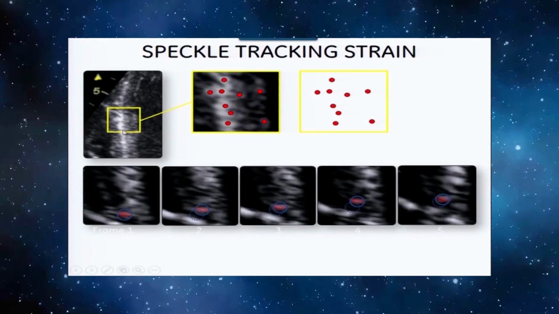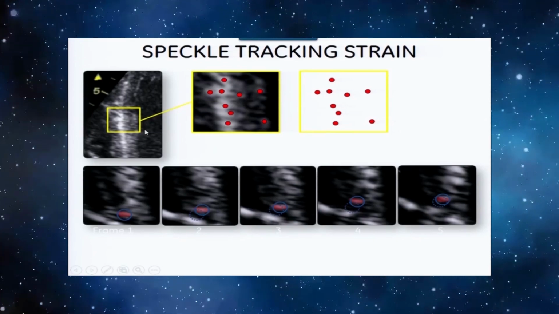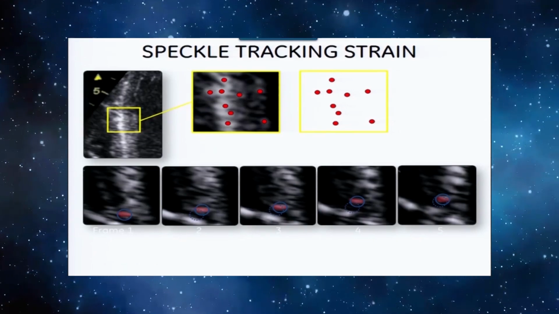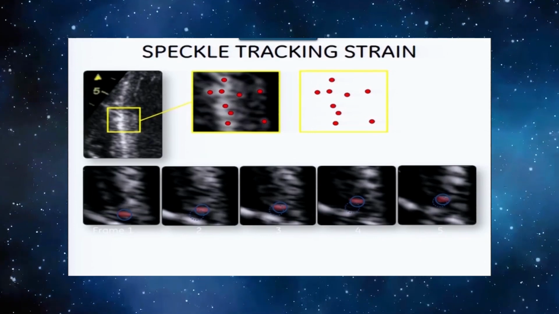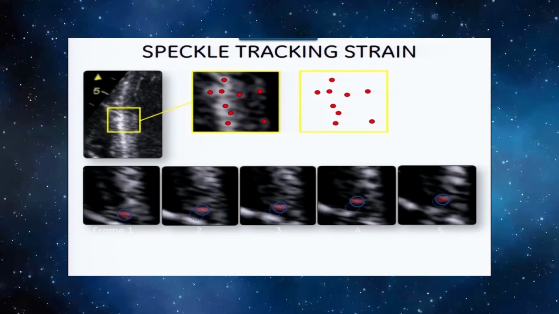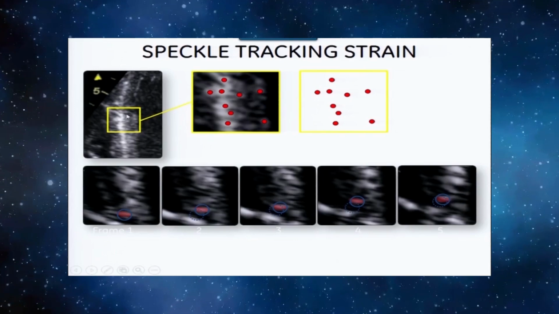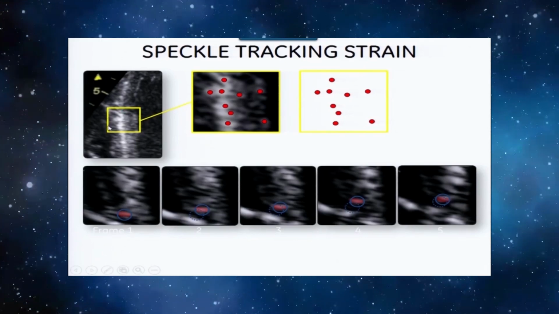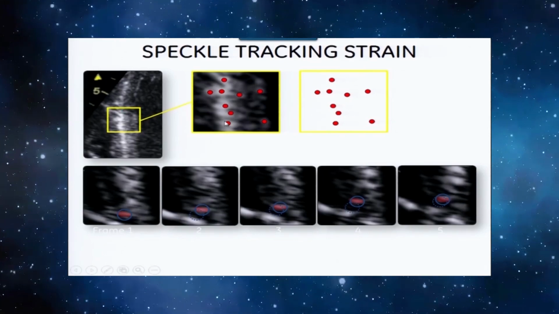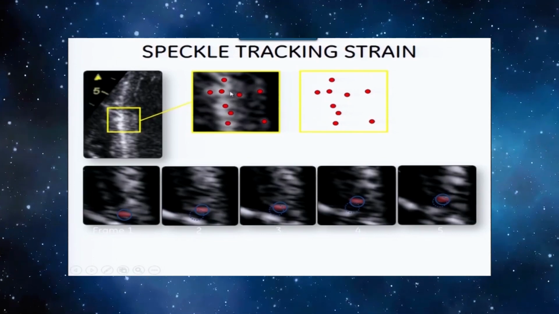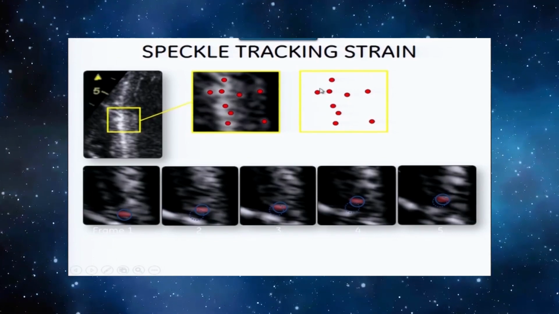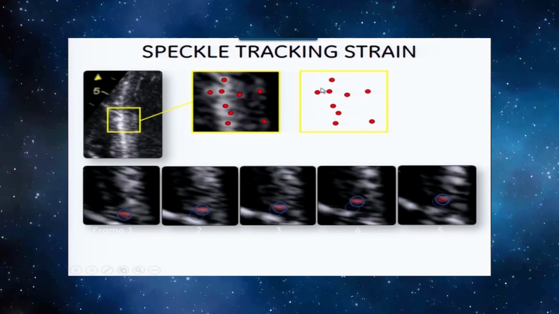As you know, any ultrasound image is basically just a collection of speckles put together to look like a certain organ, in this case, the heart, and in this case, the septal wall of the heart. Well, we can break up those speckles into speckle packets and come up with patterns for each one of these speckle packets. And these patterns are so unique, it's like a thumbprint.